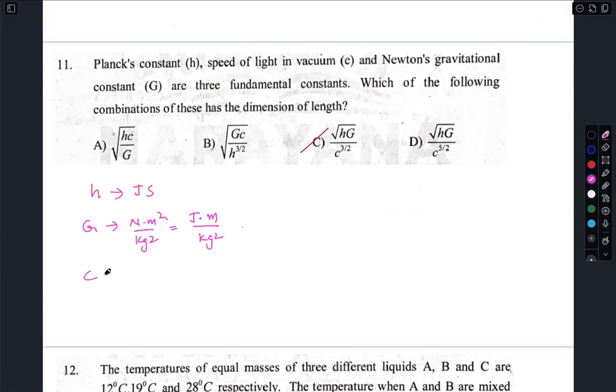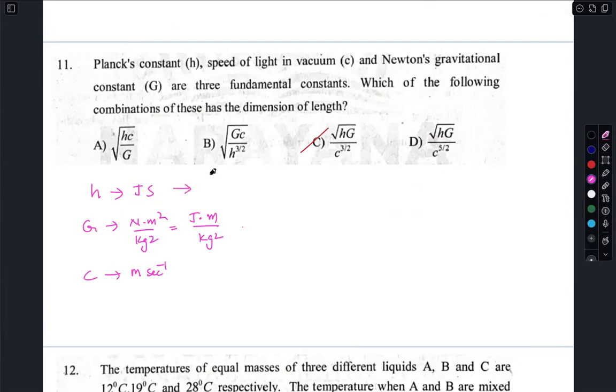Okay, C. Meter second inverse. Right. So now we will work. You want dimensions of length, so you convert this totally.